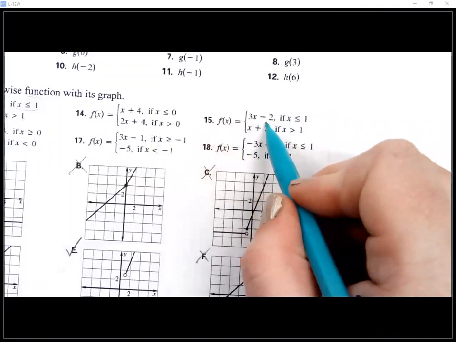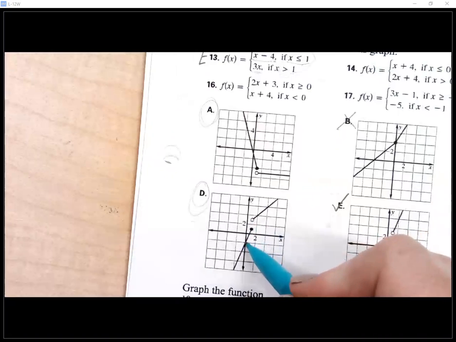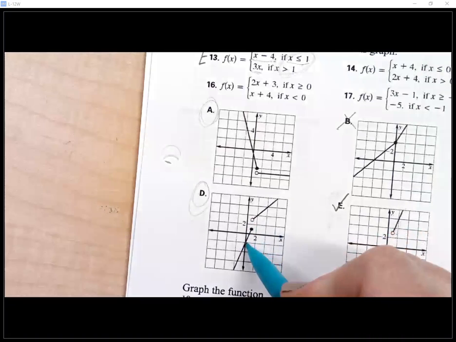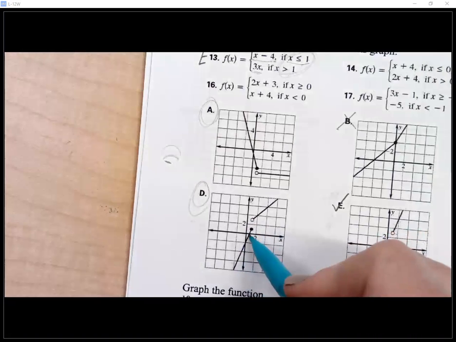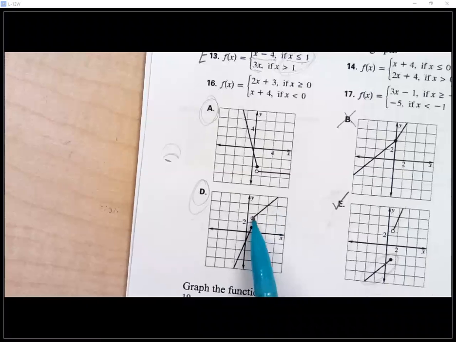So if I look at D, starting at -2, yep, got it. And then I want a slope of +3. Yeah, that fits. And then for my other line, I want it to be x plus 2. So it would be starting at 2, right? And then going up 1/1. But remember, it only exists when x is greater than 1. So that's why it's not drawn all the way over here. So yeah, that one's got to be D.